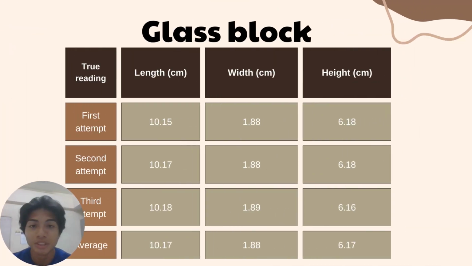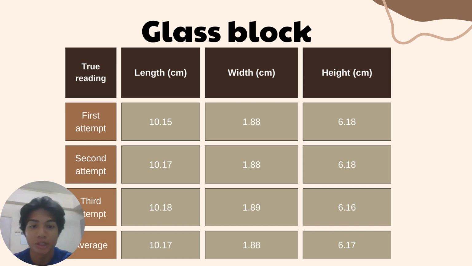For the true reading of the glass block, on the first attempt we got a length of 10.15 cm with a width of 1.88 cm and a height of 6.18 cm. On the second attempt, we got 10.17 cm with a width of 1.88 cm and a height of 6.18 cm.